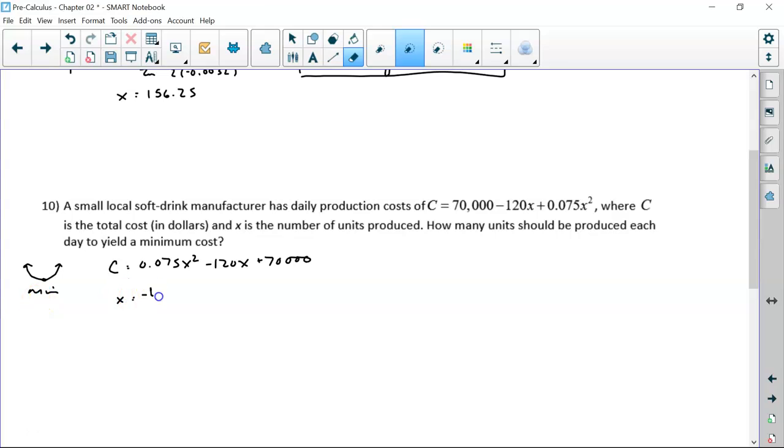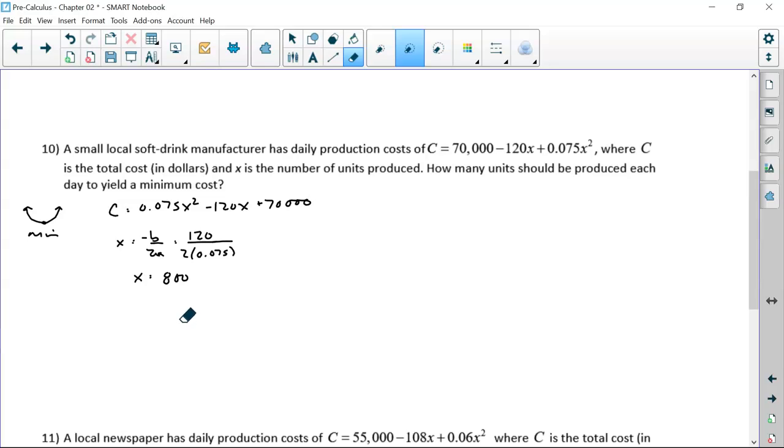X equals the opposite of b over 2a. So it's going to be the opposite of negative 120, which is 120, divided by 2 times 0.075. Make sure you put parentheses around your entire denominator. When you do that and divide, you get 800.